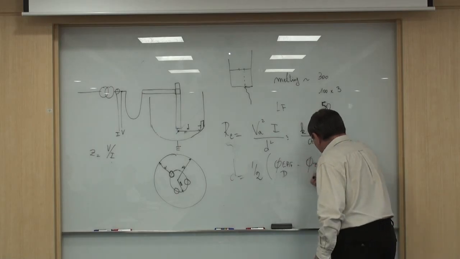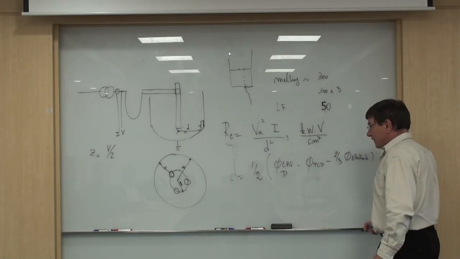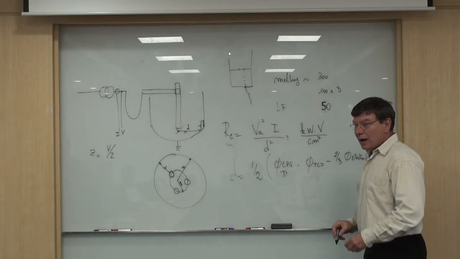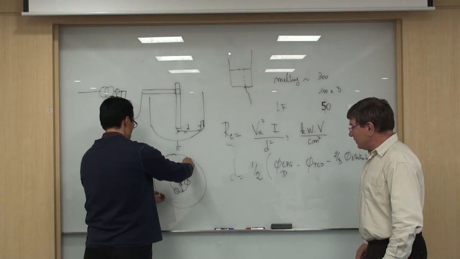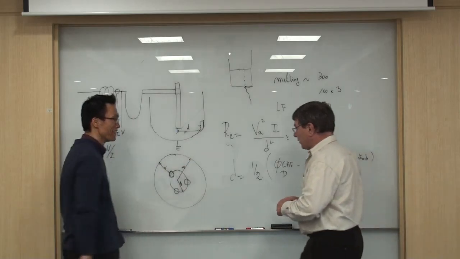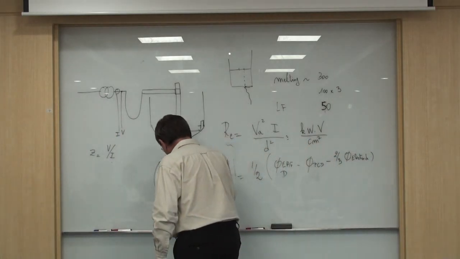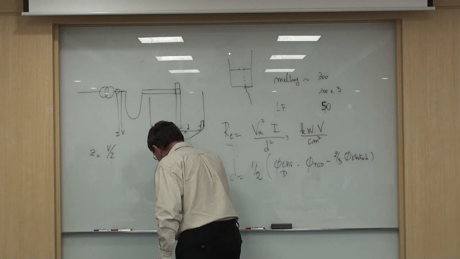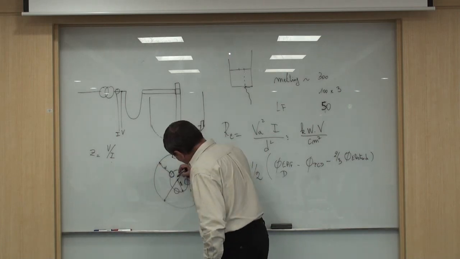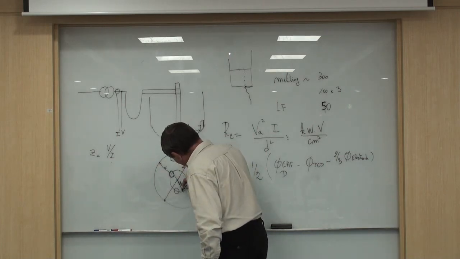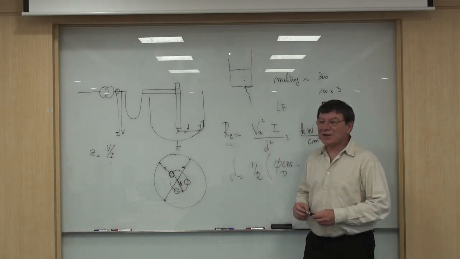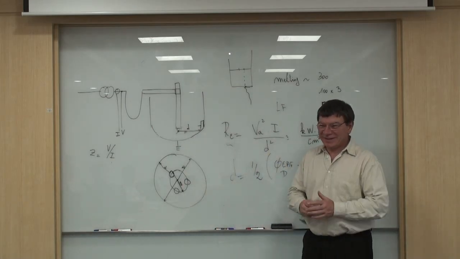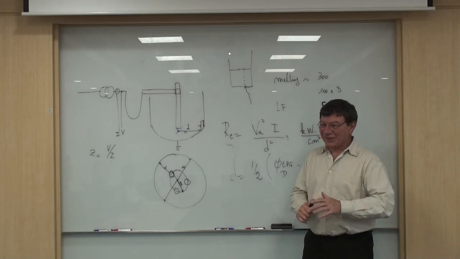Maybe this is the radius of the EAF. This is the radius, yeah. Okay, this is D. And this is PCD. You're right. You are a good mechanical engineer.